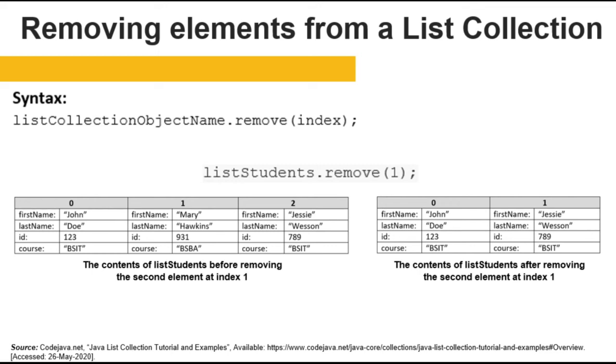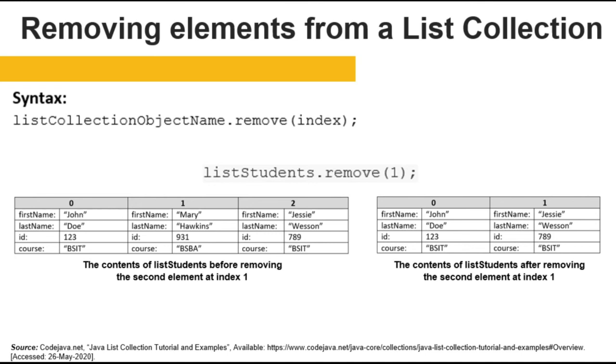Removing elements from a list collection. To remove an element from the list, use the remove method, which removes the element at a specified index. For example, if you want to remove the student object at the second position, the code will be like the given sample code. List students dot remove index 1.